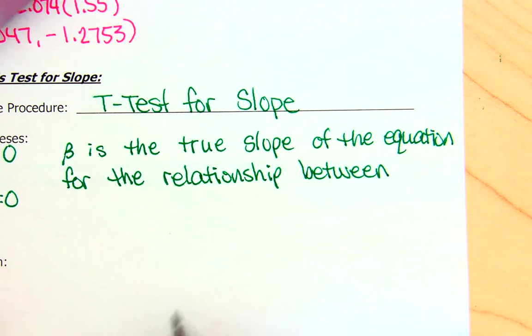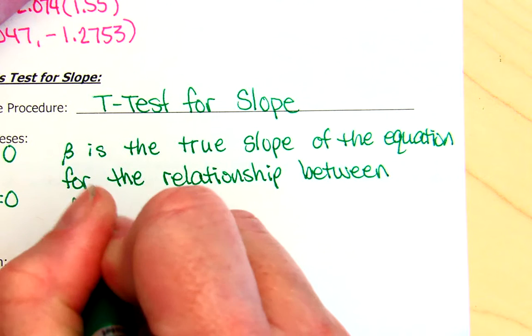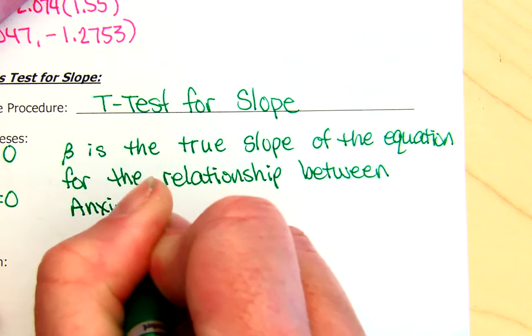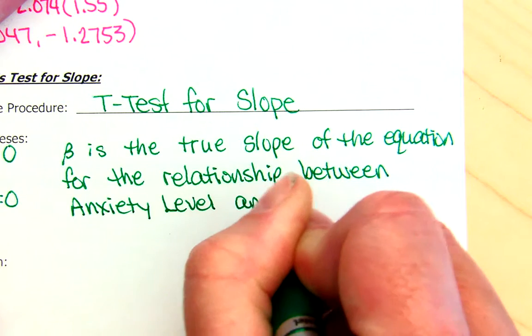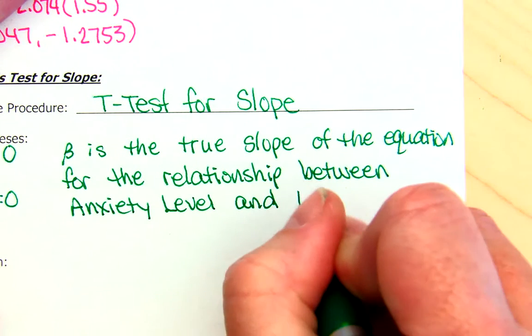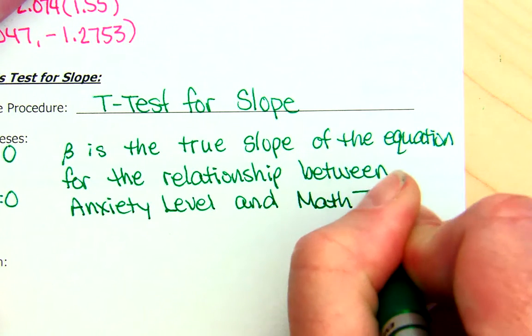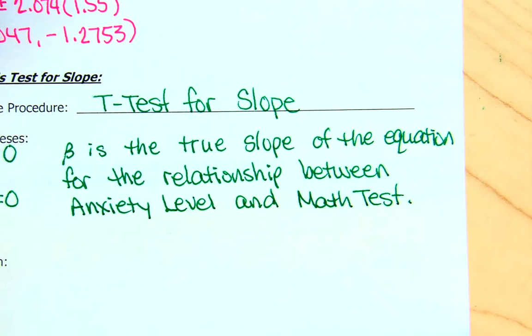So here our x variable was anxiety level. And the y variable was math test. We're just wanting to know, are these things related?